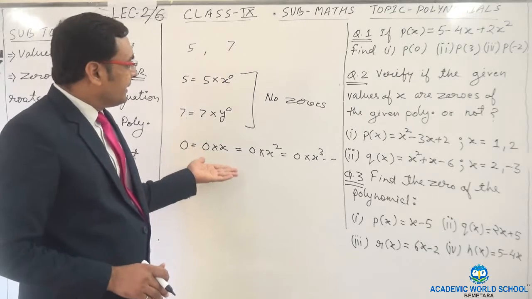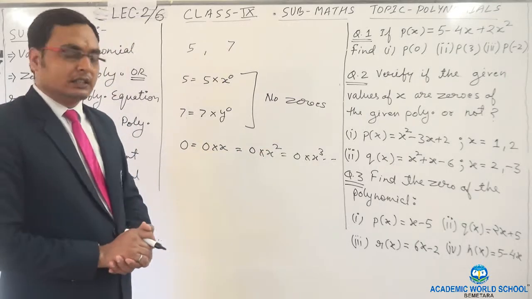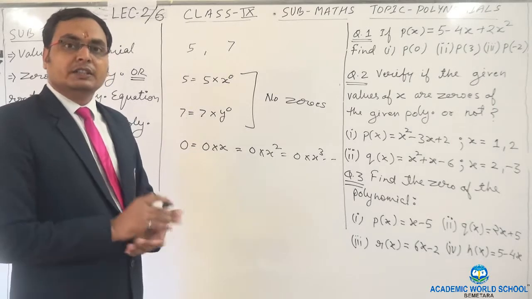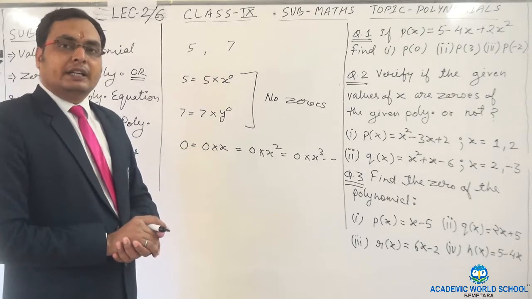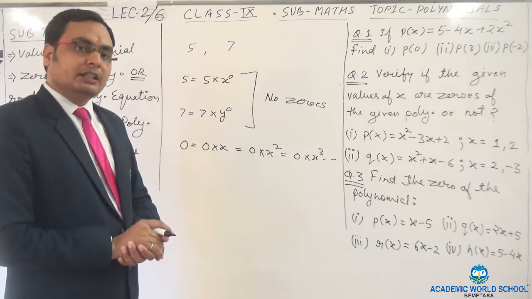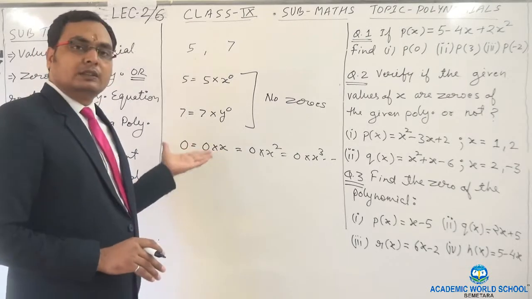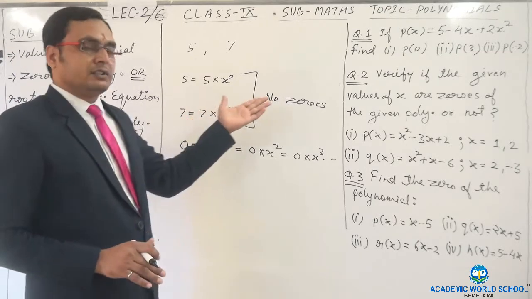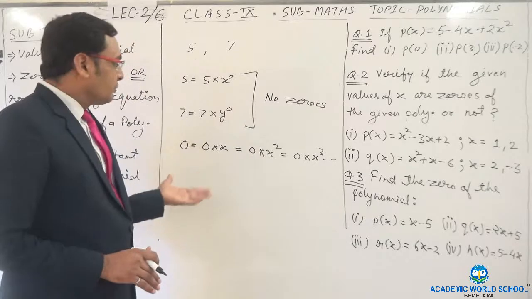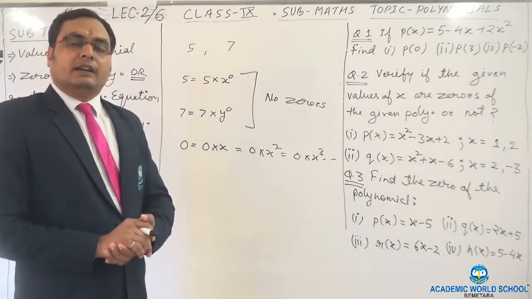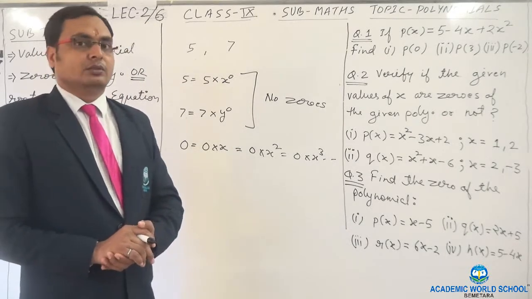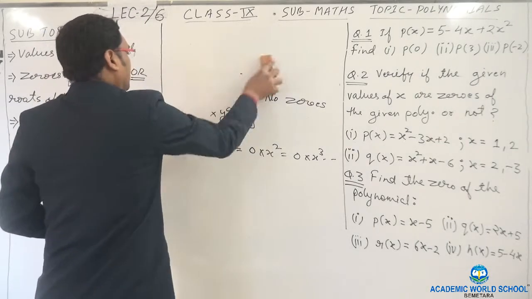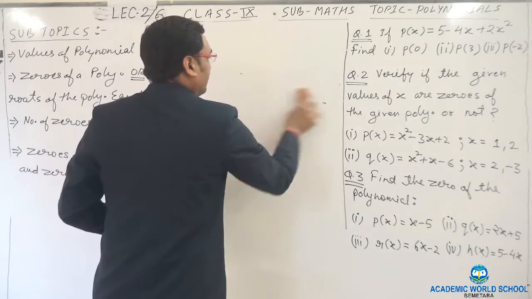Now, if I put any value of x here, the value of the zero polynomial will always remain 0 only. So, every real value is a zero of the zero polynomial. A constant polynomial does not have any zero, and the zero polynomial has every real number as its zero. Further, what will be the maximum number of zeros for a polynomial?